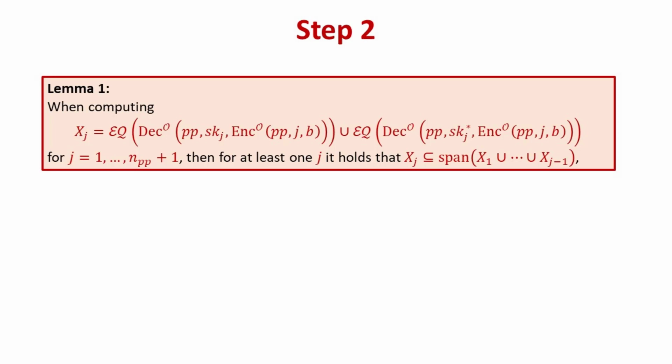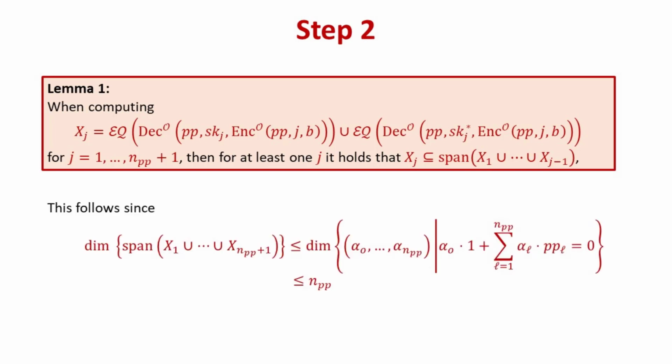The lemma states that if xj is the union of the set of equations we find during encryption and decryption with the actual oracle, public parameters, and secret key, and of the set of equations we find while encrypting and decrypting with the actual oracle and public parameters but an alternative secret key, then there exists some index j such that xj is contained in the linear subspace spanned by the previous ones. This intuitively follows from the fact that the dimension of the linear subspace that contains all of these sets is at most NPP.